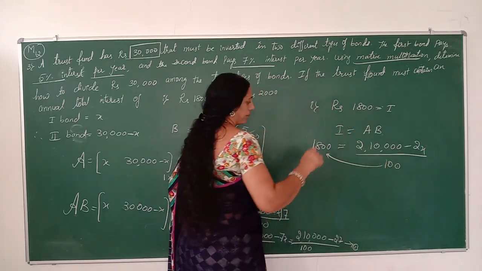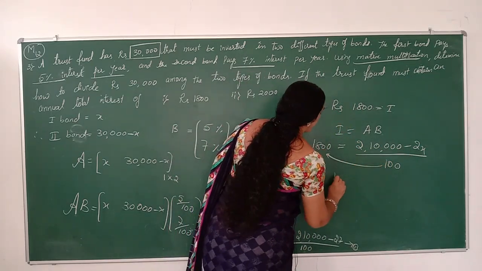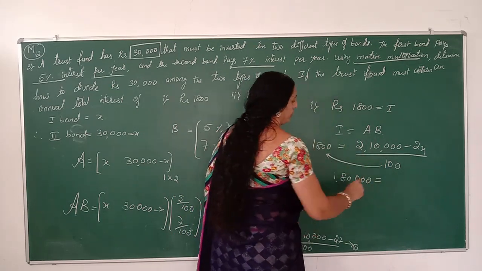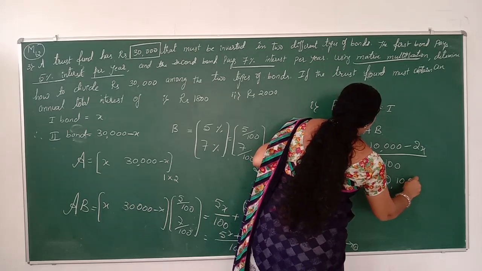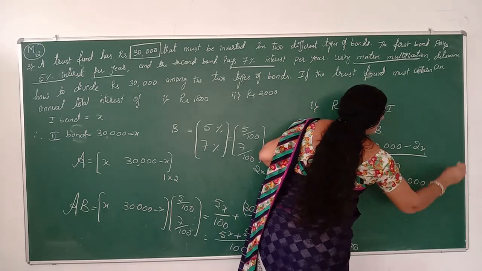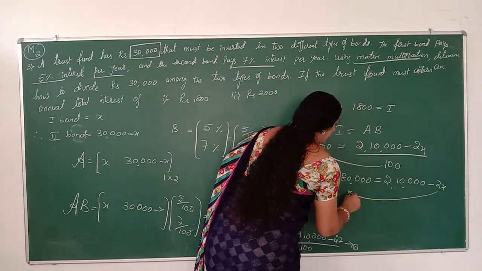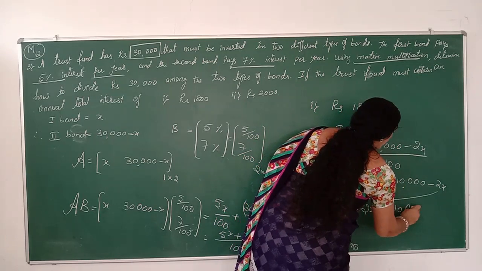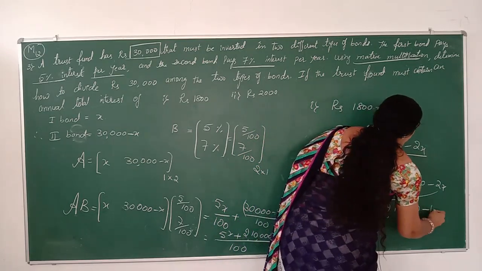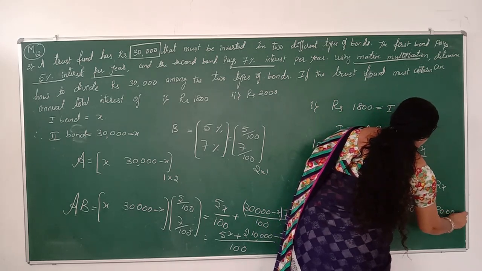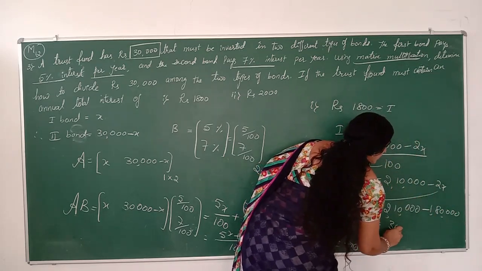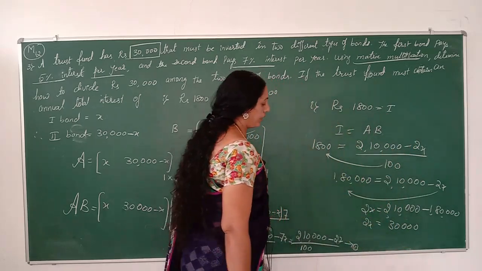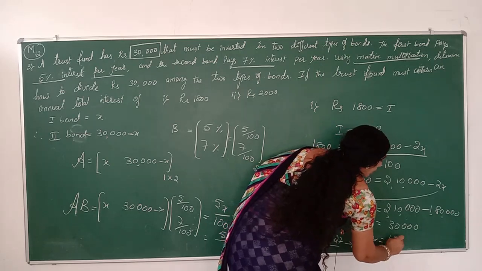Cross multiplying, 1,800 into 100 is 1,80,000, equal to 2,10,000 minus 2x. Simplifying, 2x is equal to 2,10,000 minus 1,80,000. The subtraction gives 30,000. Therefore 2x is equal to 30,000, then x is equal to 15,000.